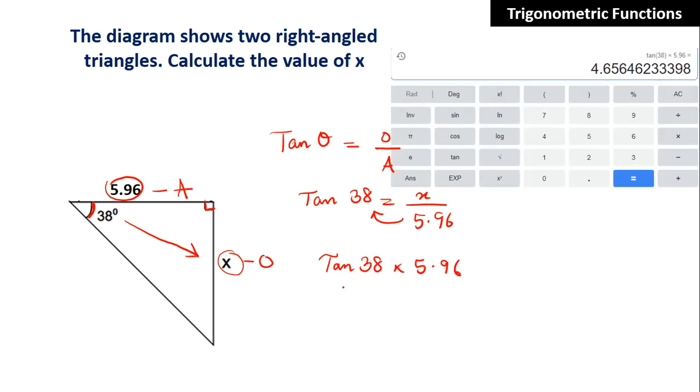Again, grab your calculator, make sure your calculator is set on degrees, then you write down tan 38 times 5.96, and the answer is something like 4.6564, and so on. So I'm just going to be rounding it off to 4.66 centimeters. That means that the value of x is 4.66.